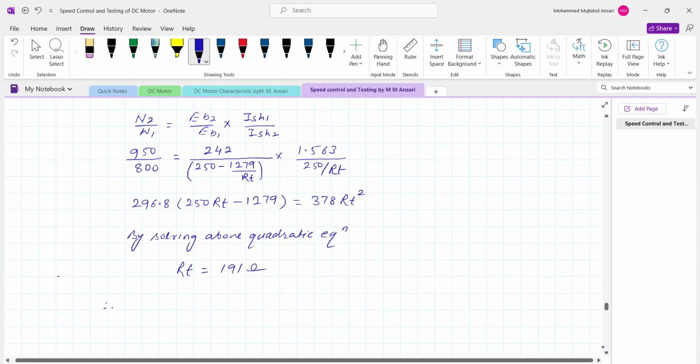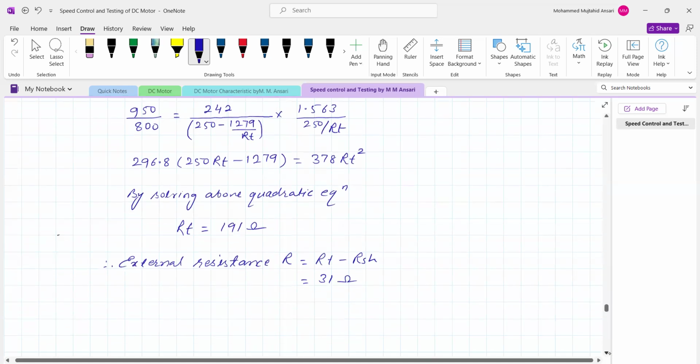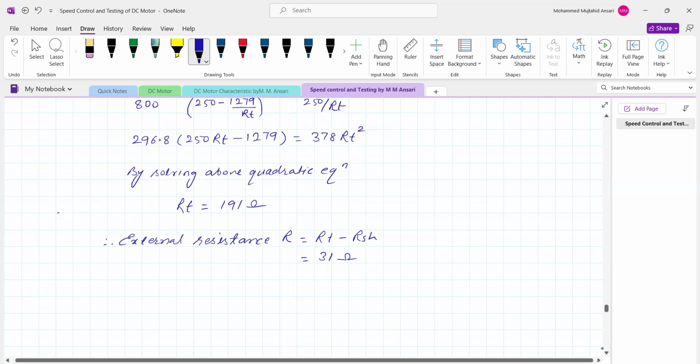Therefore, external resistance R is equal to RT minus RSH, which is equal to 31 ohms. So in this way, we can solve the numerical based on speed control. Thank you.